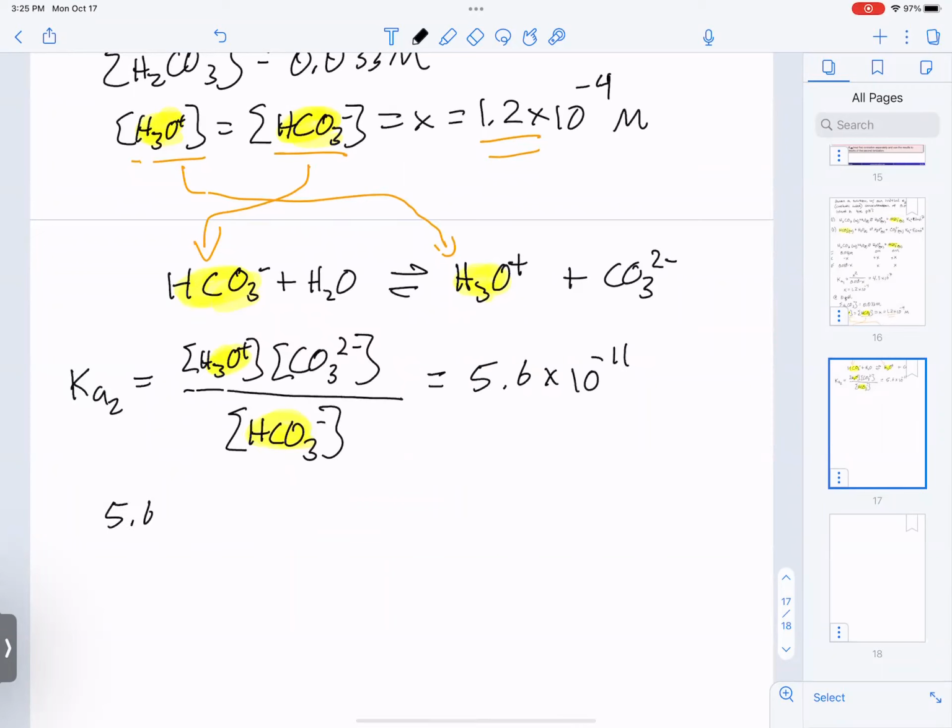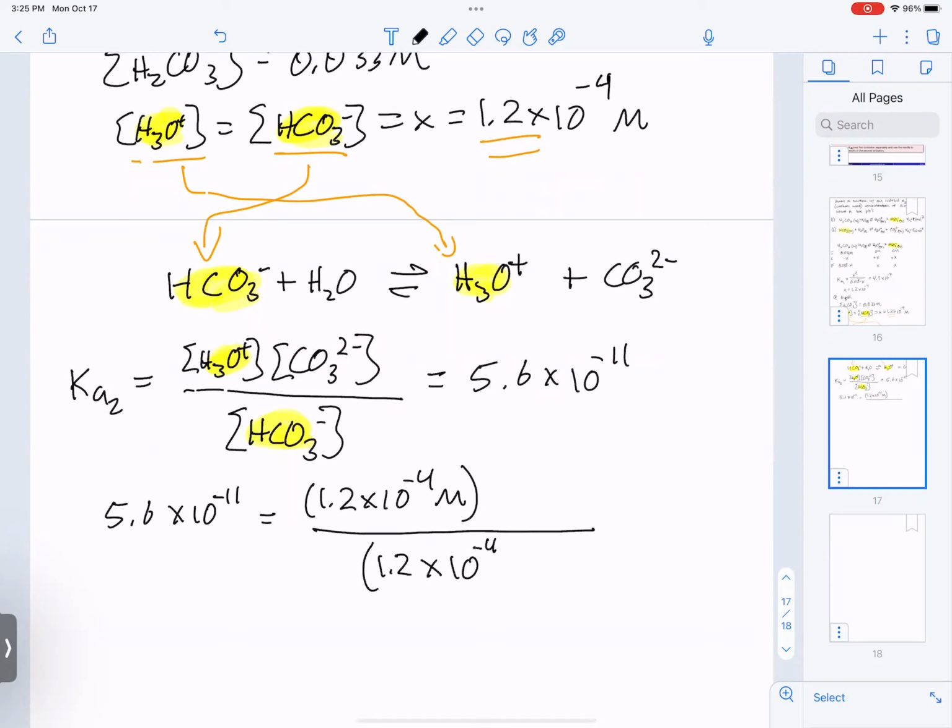We're going to have 6.5 times 10 to the minus 11 is going to be equal to our 1.2 times 10 to the minus 4 molar over 1.2 times 10 to the minus 4 molar times our unknown value, CO3 2 minus.